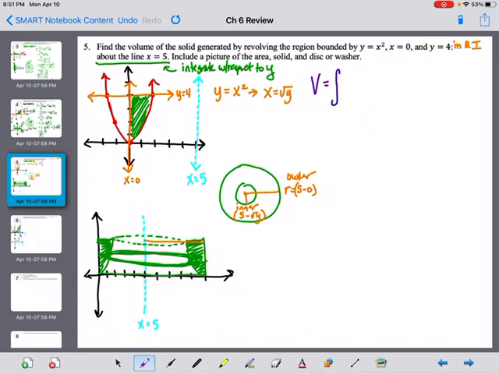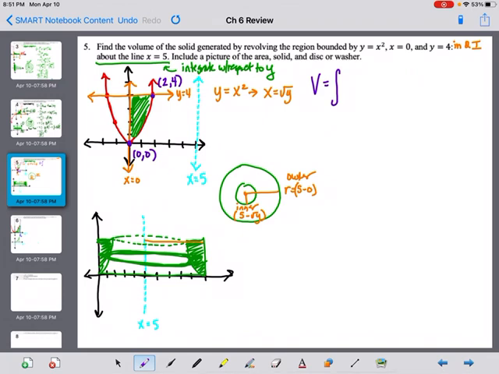So our volume, again, is going to be equal to the area of the outer minus the area of the inner. Now, our limits of integration, because we're integrating with respect to y, if we look at our original picture and we look at where our y equals x squared lives, this point right here is 0, 0, and this point right here is 2, 4, right?